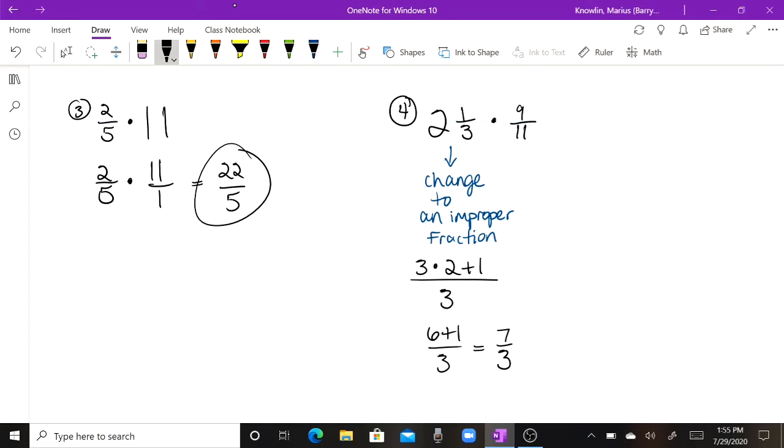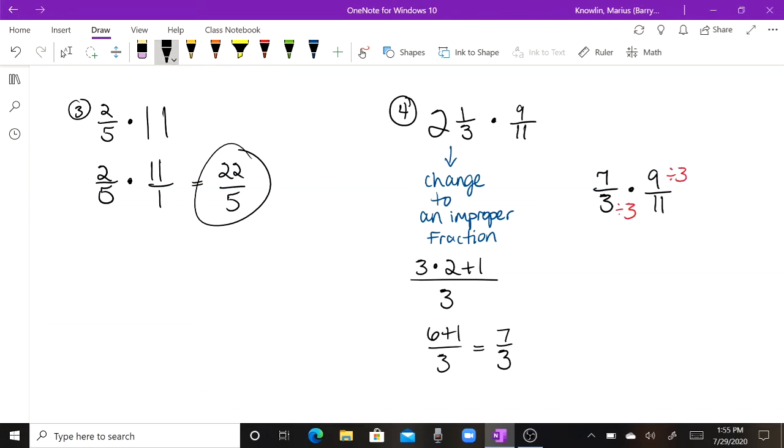So now that I know that 2 1/3 is 7/3, I can go ahead and rewrite this problem. Instead of 2 1/3, I'm going to write 7/3 times 1/9. I also noticed that 3 and 9 have a common factor. Both of those can be divided by 3.